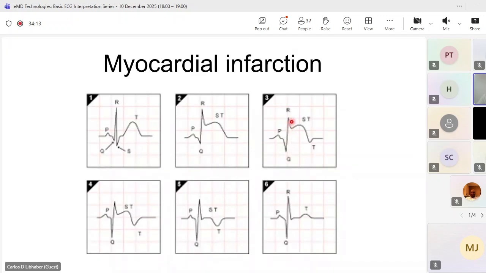It's like pulling down the R. It's eating the R wave. It's eating the normal, the healthy myocardium. And as time goes by, more Q, less R, less ST elevation, but he is completing his infarction unless we stop it. More Q, less R, T wave inverted. Not always does the T go back to being normal.